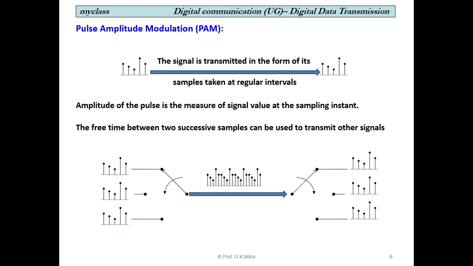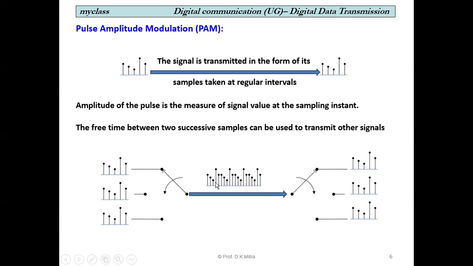Meaning, the moment the switch is on line 1 of the transmitter, at that time the switch is also on line 1 of the receiver. So at that instant, the sample of signal 1 is given to the first receiver. Next instant, the switch shifts to channel 2.